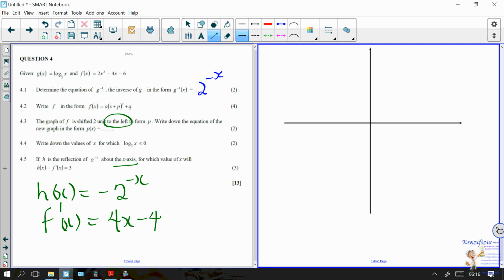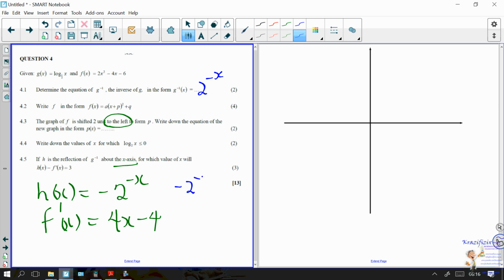Can we plot the graph of h of x? It's not very difficult to plot. All you need to do is to quickly find your intercept. If I make x 0, because I'm looking for my y-intercept, then what am I going to have? I'm going to have negative 2, negative 0, right?